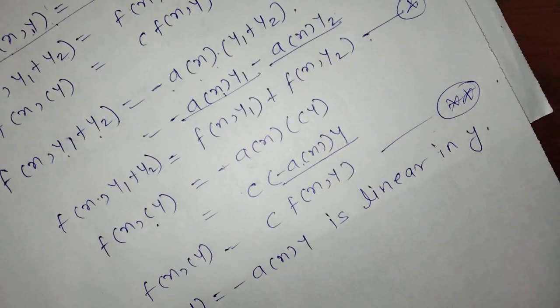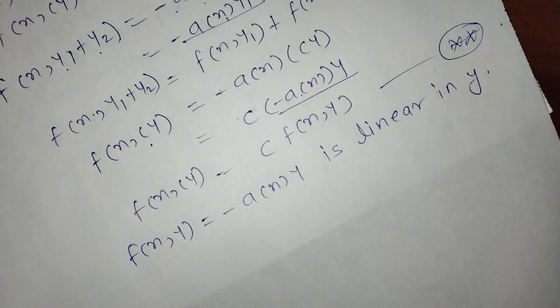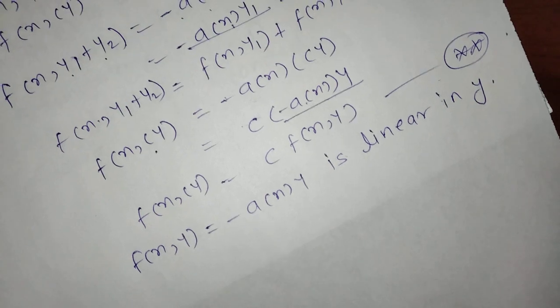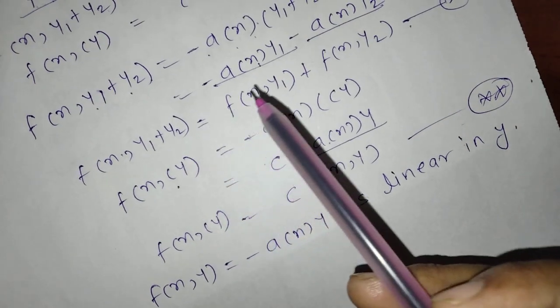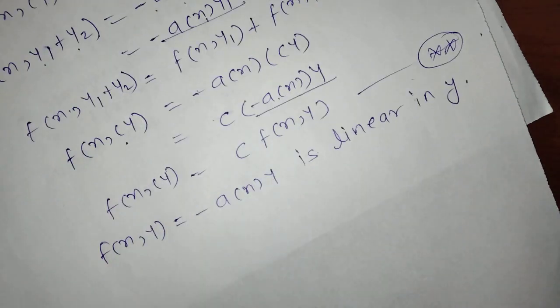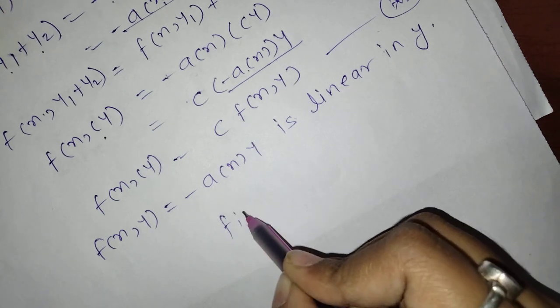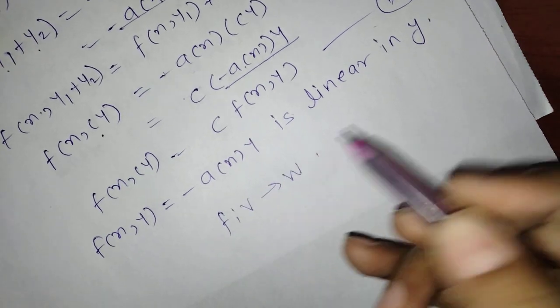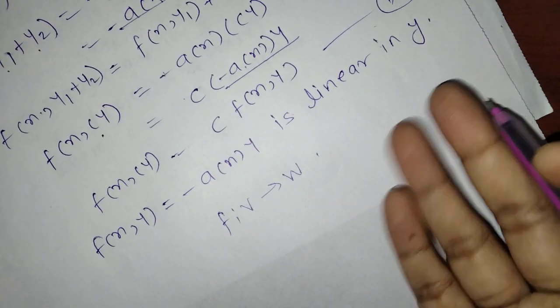Linear transformation: you know what is meant by linear transformation, and here we apply the definition of linear transformation for this equation. Linear transformation means some map exists. Suppose f maps V to W, where V and W are vector spaces.